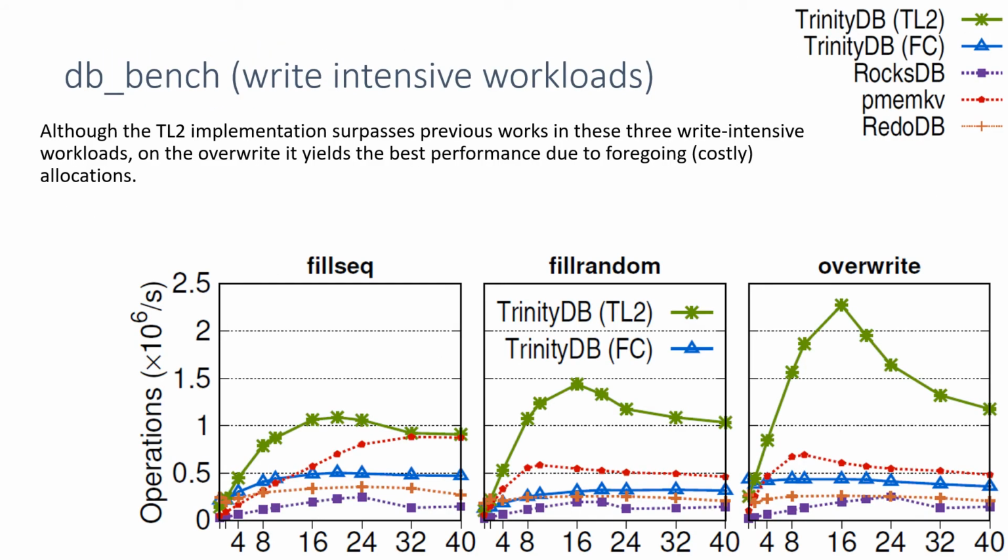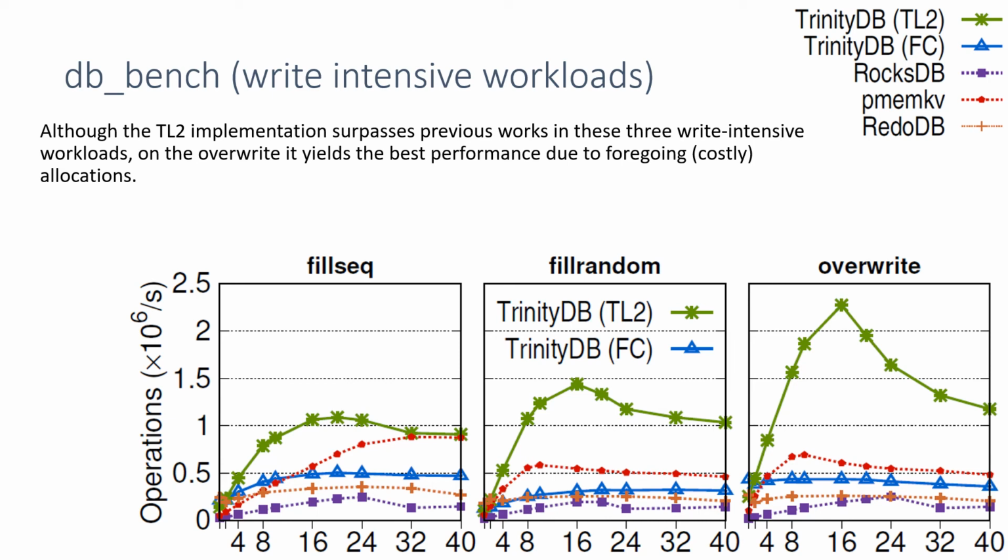Using the Trinity VR PTM, we created the Trinity DB with two variants, one where the concurrency control is given by TL2, and the other where the concurrency control is flat combining. Those are the green and blue lines in this plot. These are write-intensive workloads in the DB benchmarks, which are benchmarks created by LevelDB and later by RocksDB, also used by PMEM-KV.